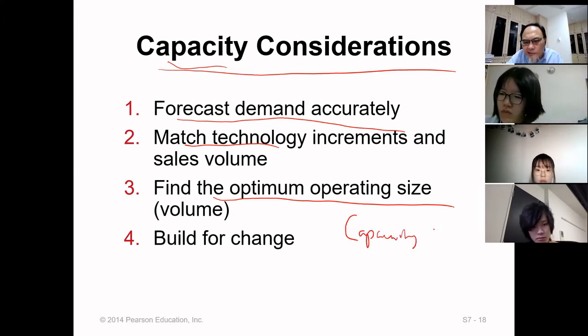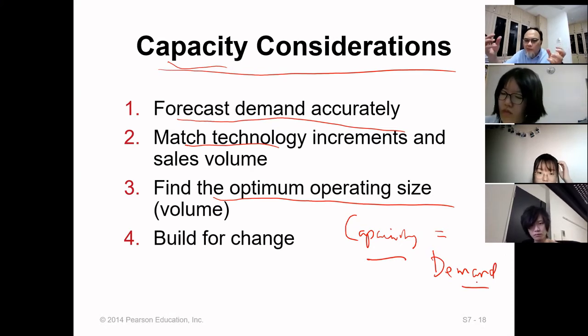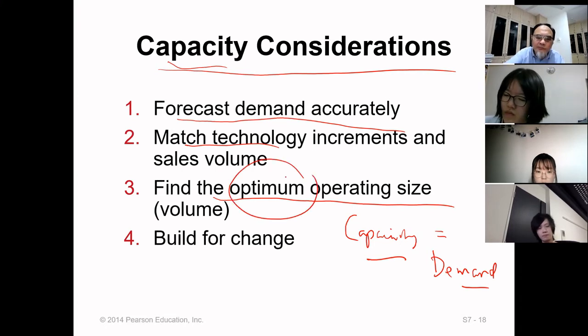Capacity equal to demand is perfect, but the world is not perfect. So how do you have an optimum balance between your capacity and demand?